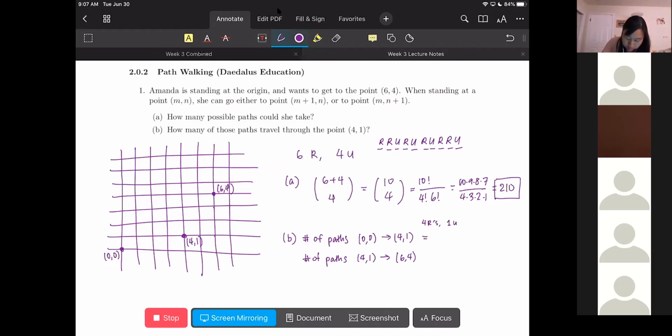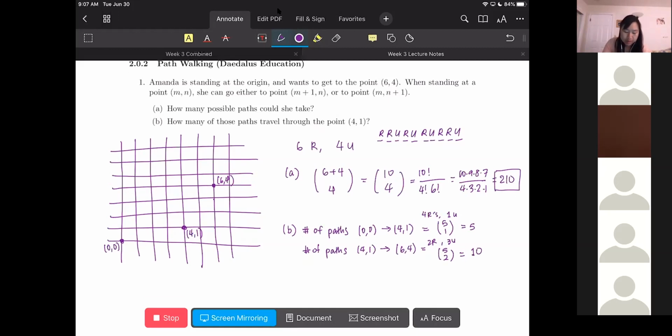So this equals 5 choose 1, which is 5. For this one, it's basically 2 to the right and 3 up. So this is 5 choose 2, which is 10.